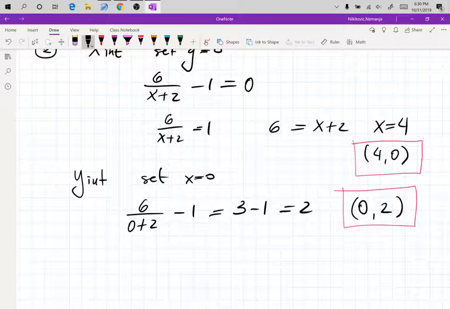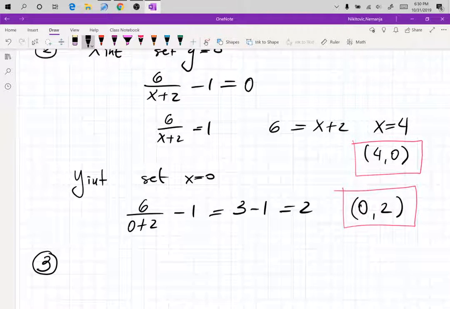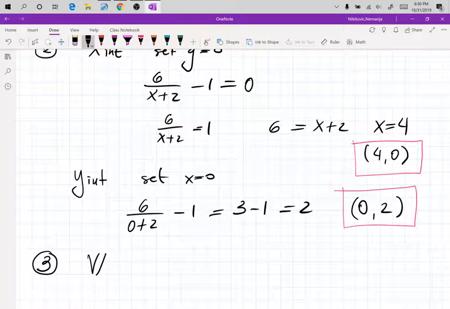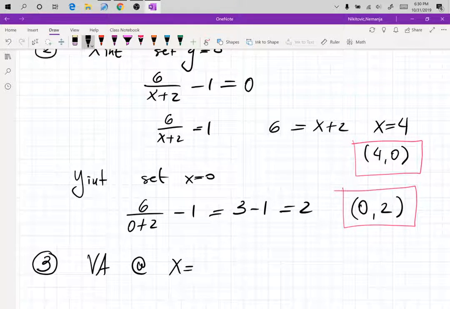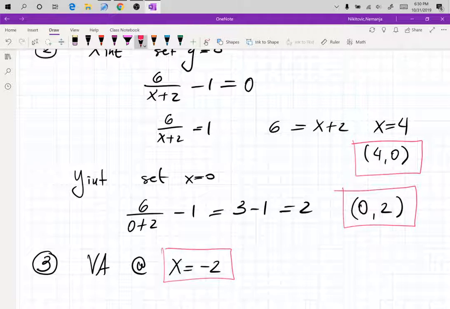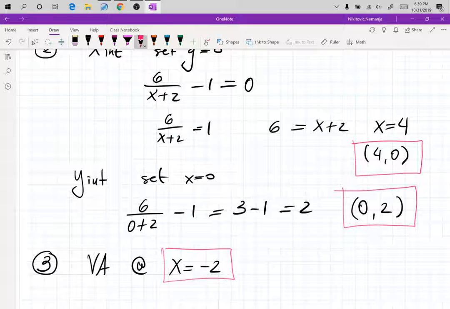Number 3 has 3 different asymptotes. Well, we already know that the vertical asymptote is at x equals -2, because the domain is interrupted at -2. That's where the vertical asymptote is.